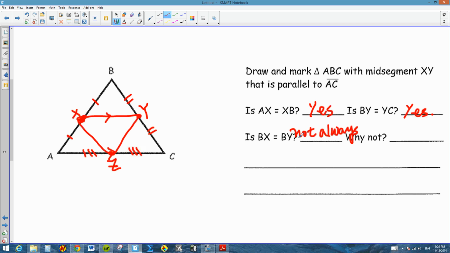Sometimes they are equal, but here, since we marked them differently, they are not equal. So I say no, they are not congruent, because I marked them that way. Unless it is a special triangle with all sides congruent, so this might be. But here, since I marked them differently, they are not congruent.